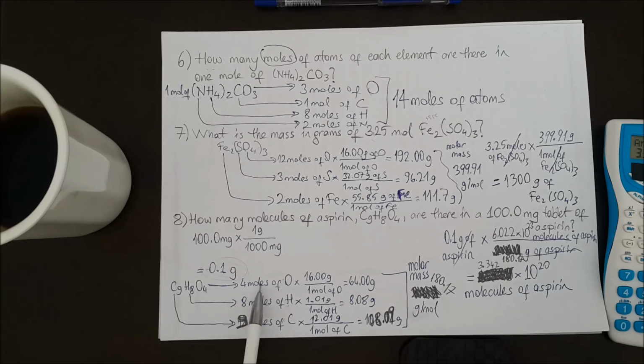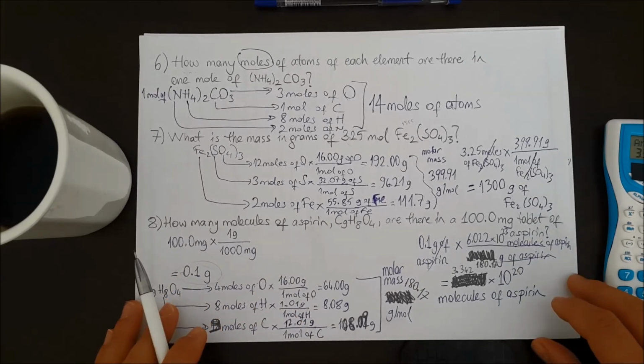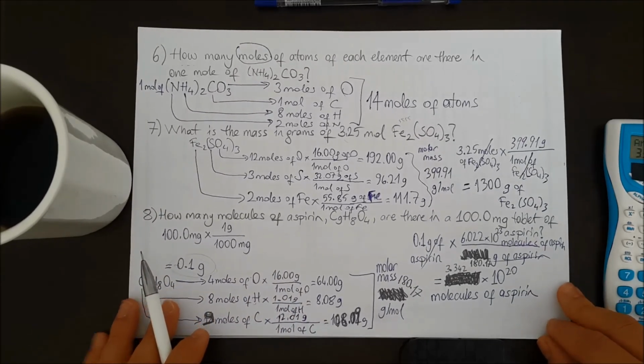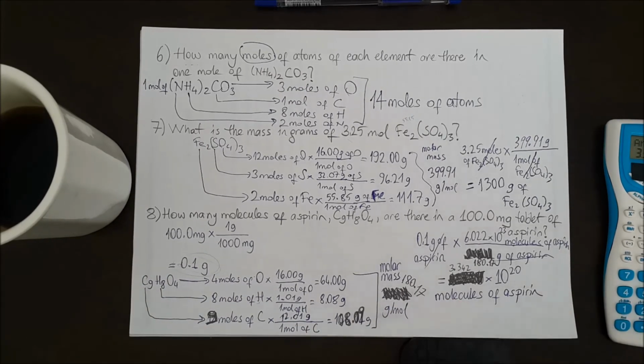Then you will convert each mole into mass. Then after summing them, you will get 180.17 grams per mole. This is the molar mass of aspirin. It means 6.022 times 10 to the power 23 aspirin molecules make 180.18 grams.